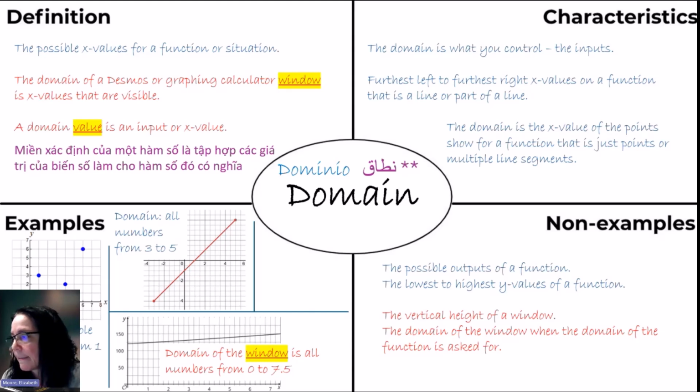for the class. I also added to my non-examples that the vertical height of a window would not be the domain of the window. And the domain of the window would be a non-example for the domain of the function, which can be a little bit tricky and might bear some discussion in class.